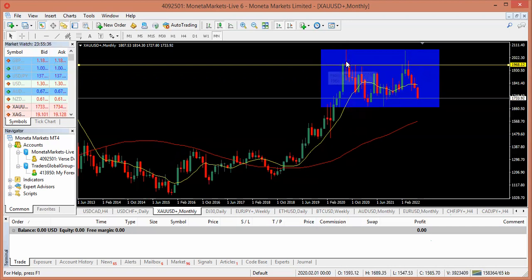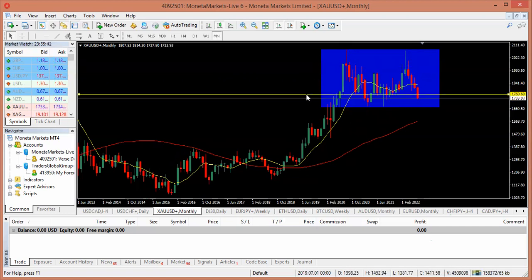Now, this kind of candle, we call it doji, D-O-J-I. It means something. If you see that kind of candlestick, let me tell you what it means. It means that the previous trend is about ending and there's a trend reversal.